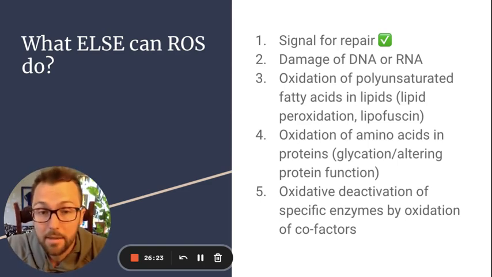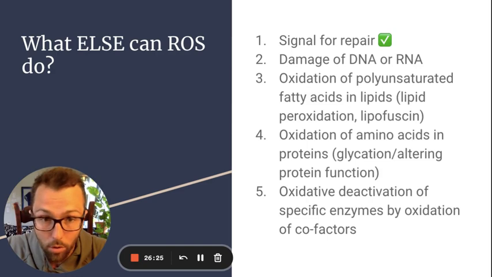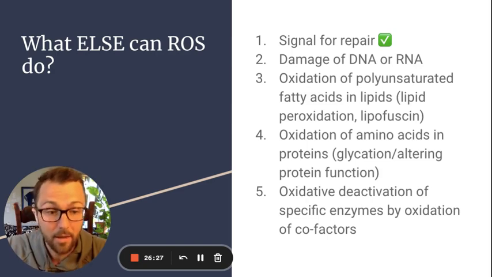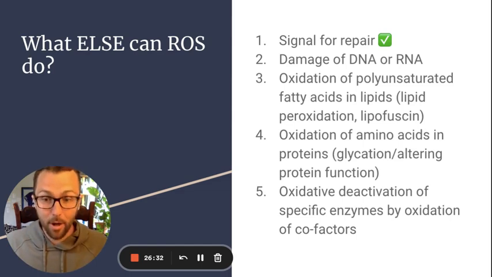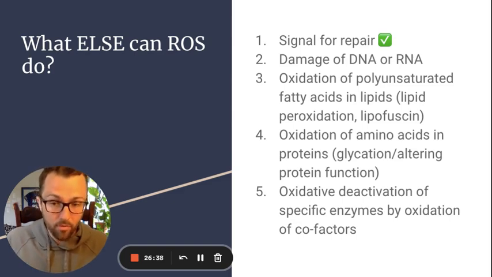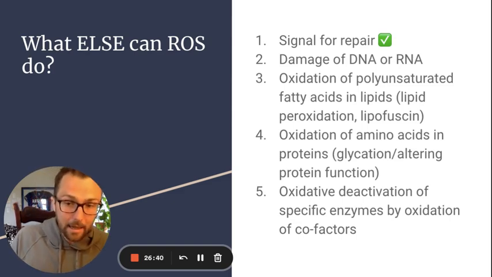Some of the not so good things: damage of our DNA or RNA, right? So this is at the very base level of the composition of our cells. ROS are capable of acting upon DNA structure and altering it.